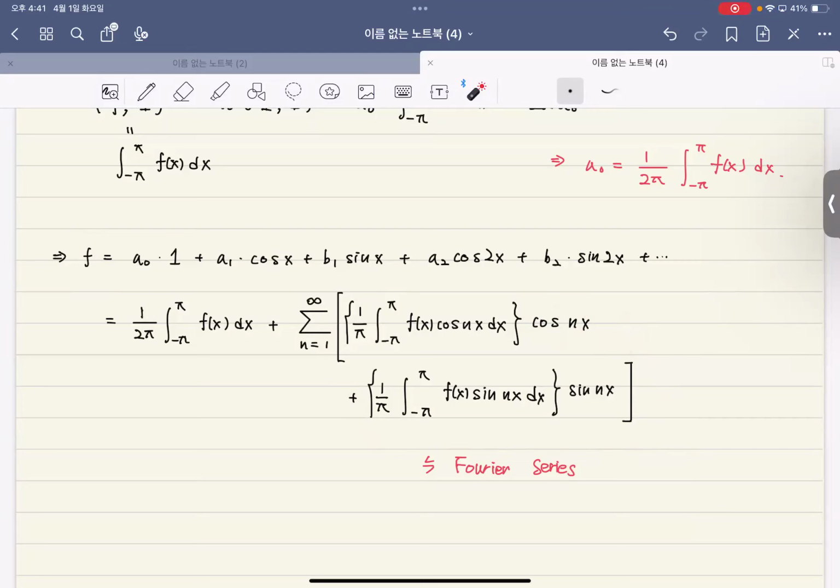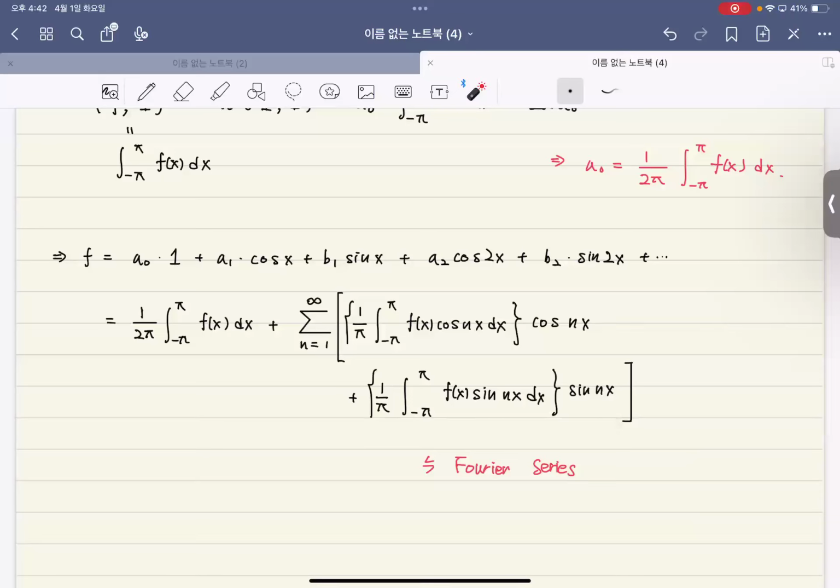So the coefficients that come before cosine nx and sine nx represent the contribution of the frequency n trig functions towards the original signal f. If the absolute value of this number is large, then your original signal has quite a large contribution from the frequency n signal.